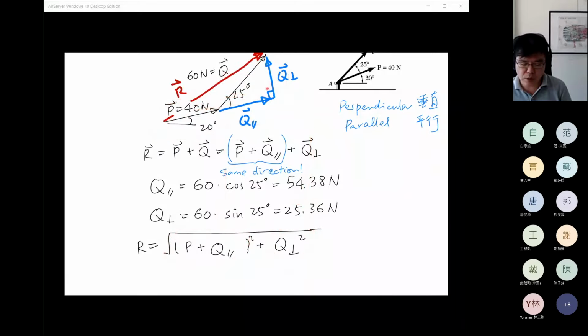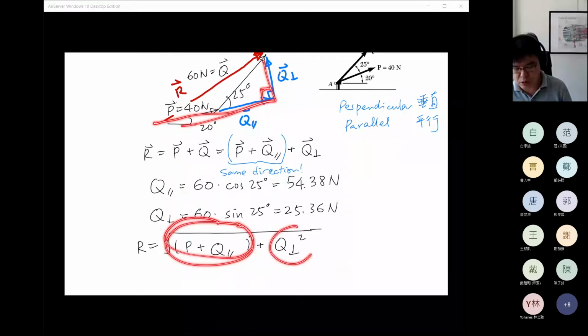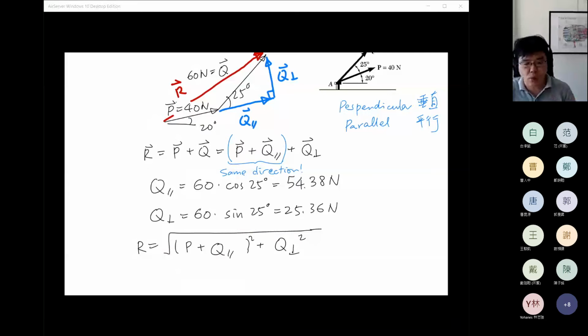Because this is a right angle triangle, we simply add the square of this one and the square of this one, and then we take the square root. You know what a square root is, right? Square root of the sum.